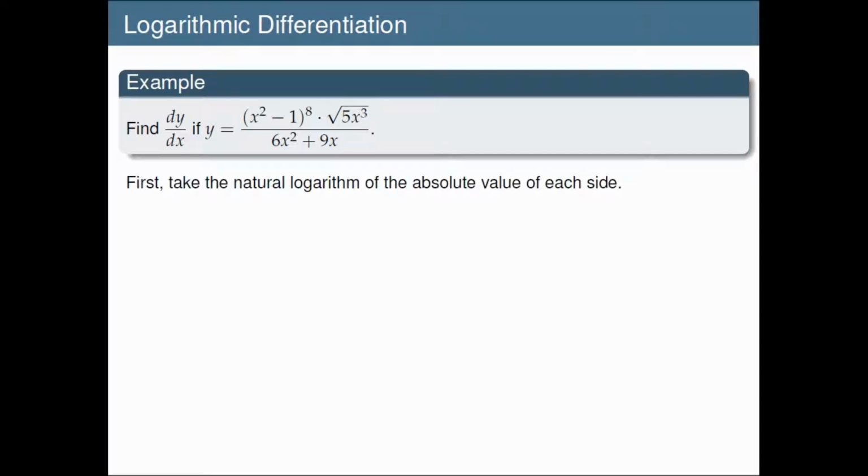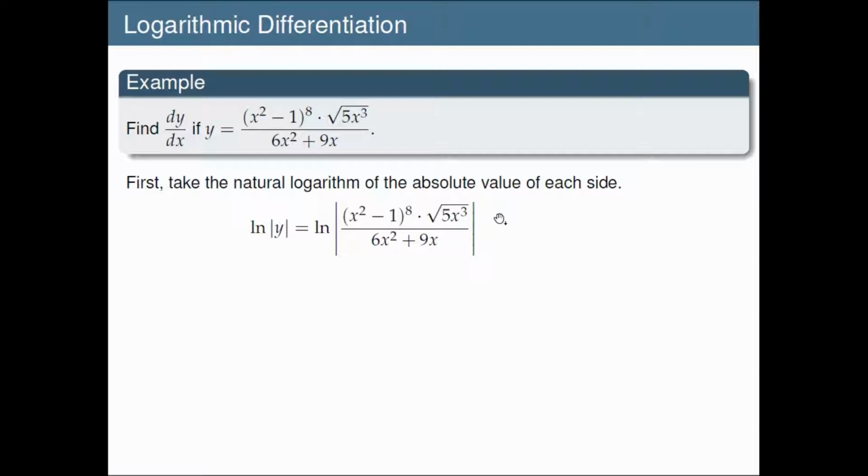First, we take the natural logarithm of the absolute value of each side. So if y is this expression, then ln of absolute of y equals ln of the absolute value of this expression.